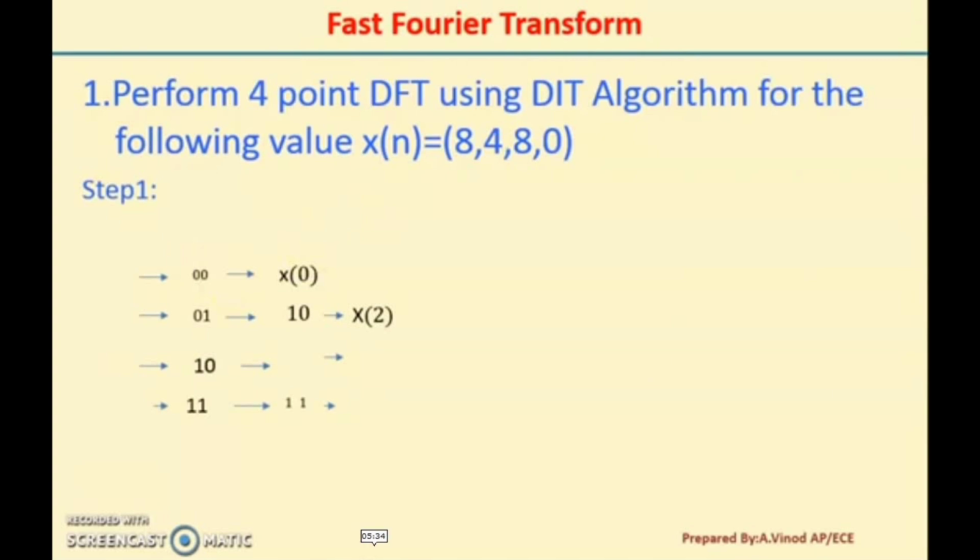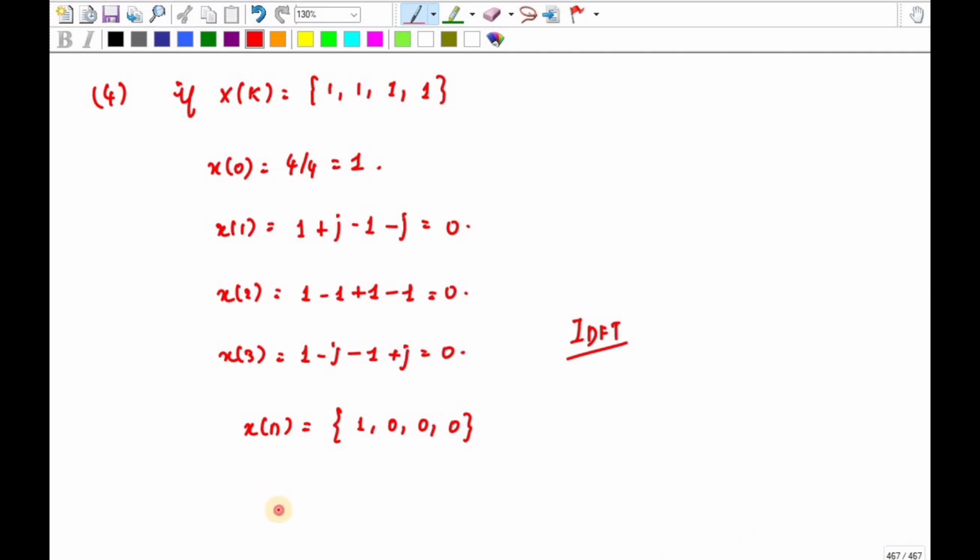Next we can go for how to perform the 4-point DFT using the DIT algorithm, for the following values x of n is equal to 8, 4, 8, 0. The DIT algorithm comes under FFT. FFT means fast Fourier transform, and it has two types of algorithm.